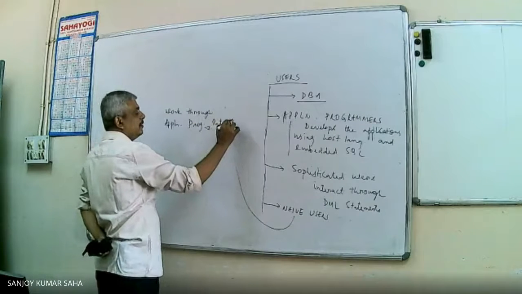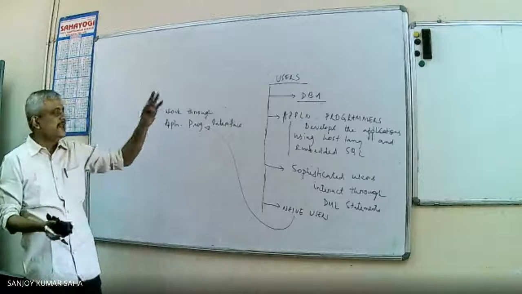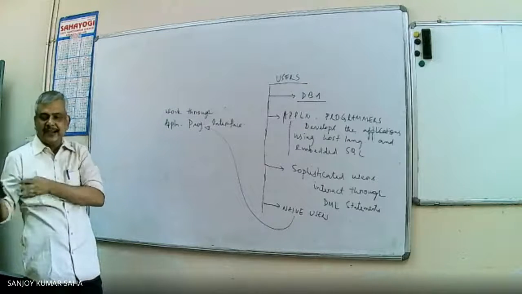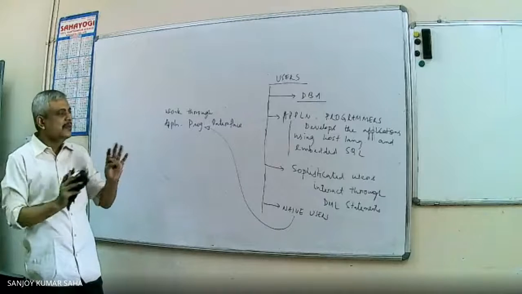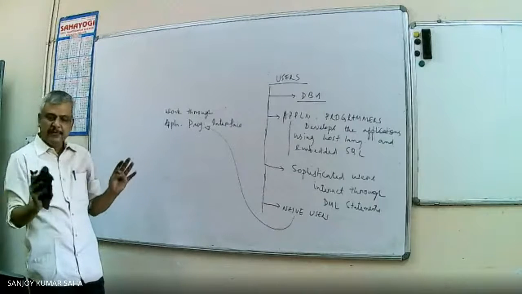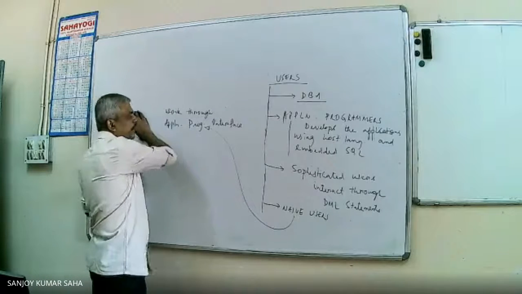Whenever we work as a native user, some interface is there, showing the menu, clicking here, doing accordingly. Not aware of those SQL statements or high-level language. So these are the categories of different users.